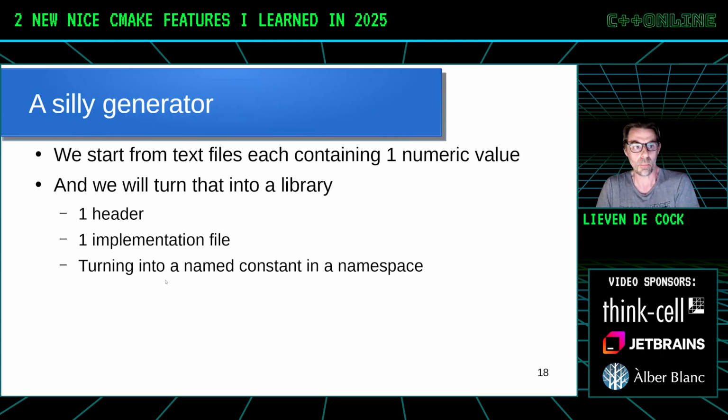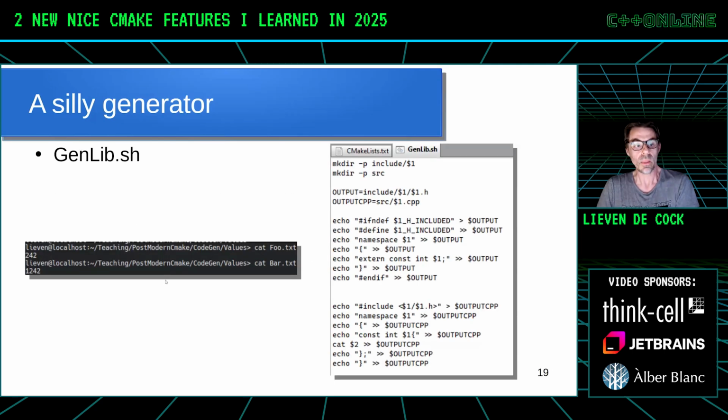So, as an example, we're going to use a very stupid generator. What we're going to do, we are going to start from a text file which contains a numeric value, and we're going to use a generator that creates a library out of that. A library with one header file, one implementation CPP file, and it's going to turn that numeric value from the text file into a constant value in a namespace.